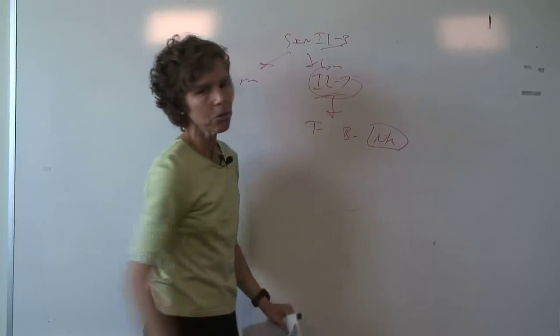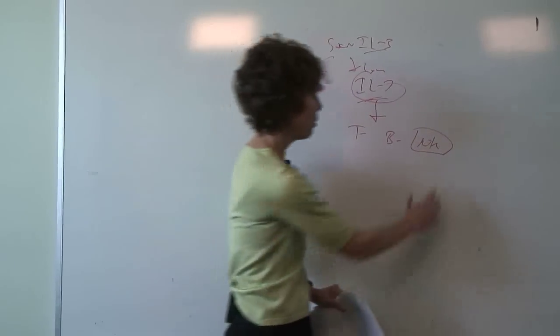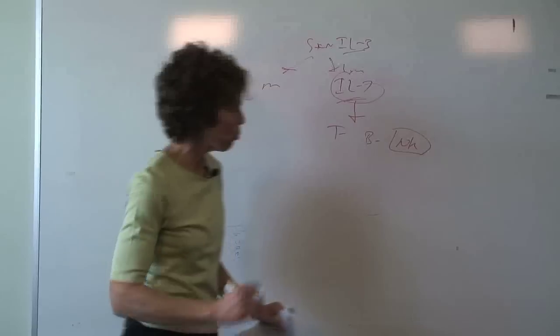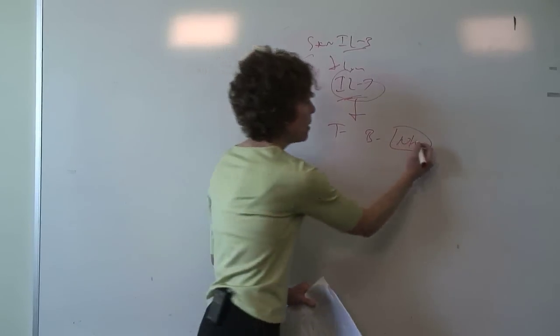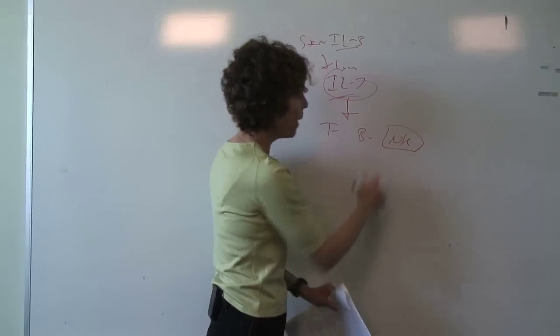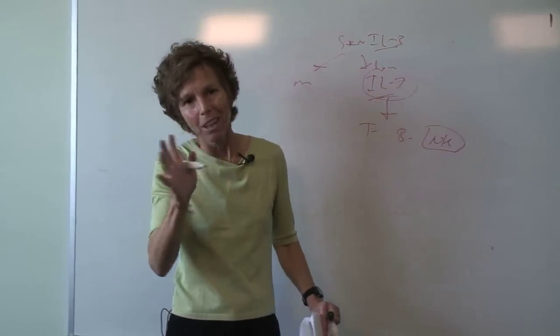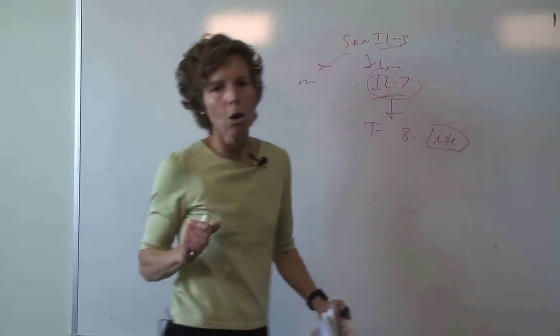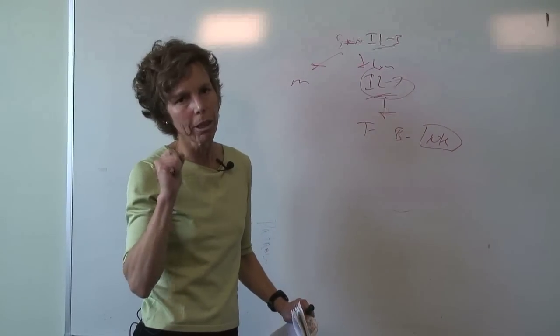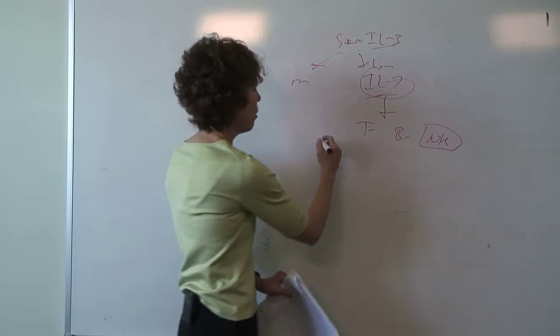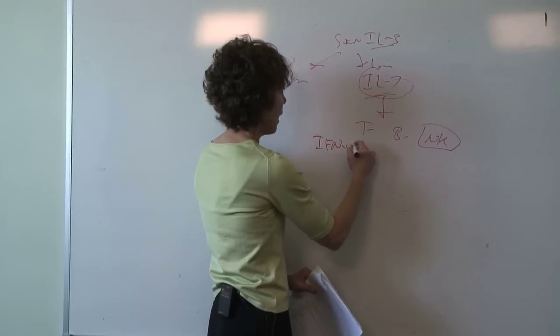And NK cells are a unique cell, right, which we'll go into in more detail. Essentially, what they do is a couple of things. Number one is, when they're activated, they secrete a very important cytokine called interferon gamma.